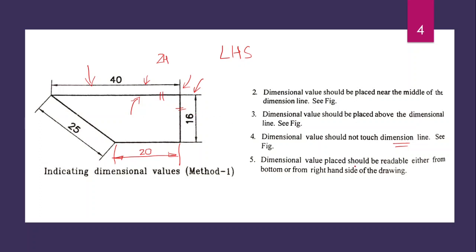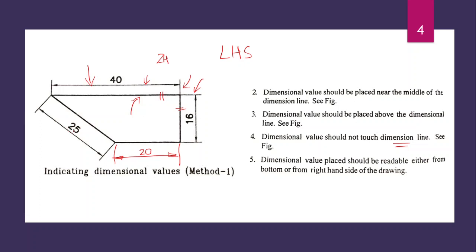Next, the dimensional values should be readable either from the bottom or from the right hand side of the drawing. For representing inclined edges, here again the dimension line is parallel to that particular edge, and the dimension values should be placed in such a way that the dimension line is supportive to the letters.